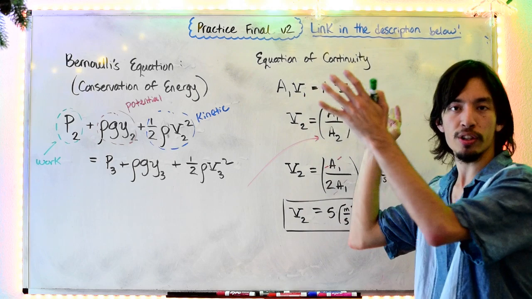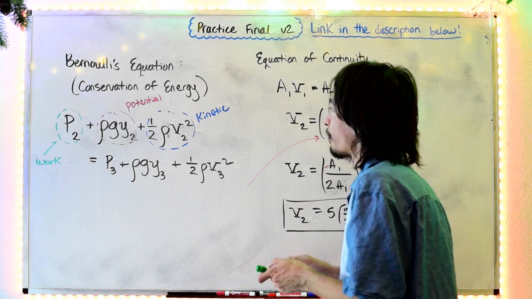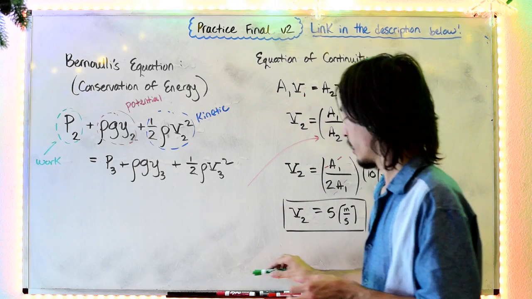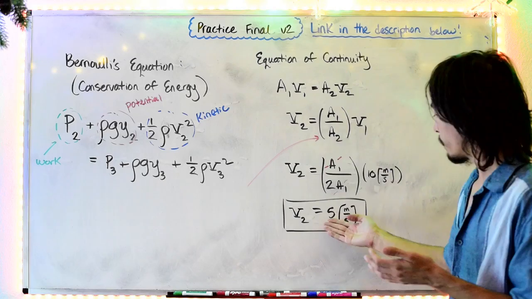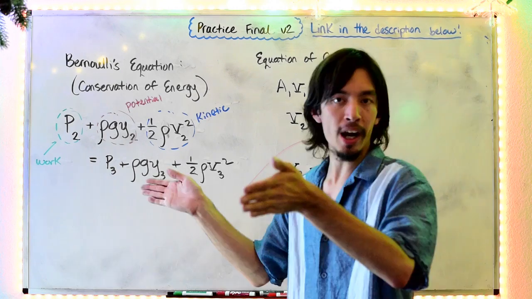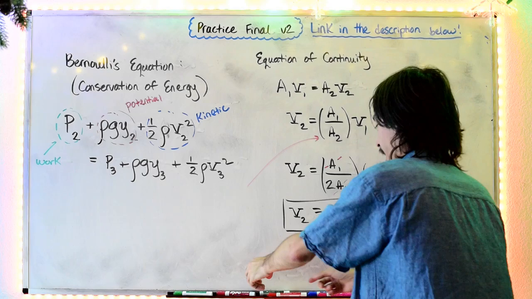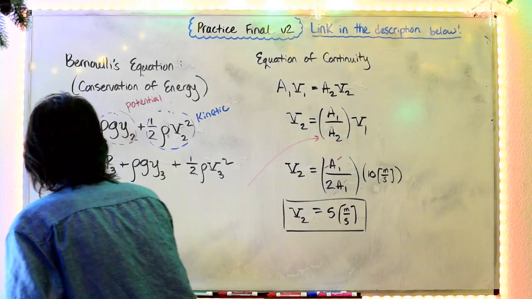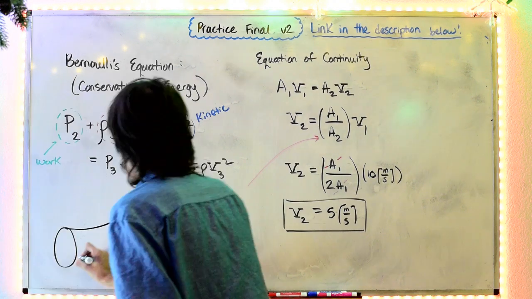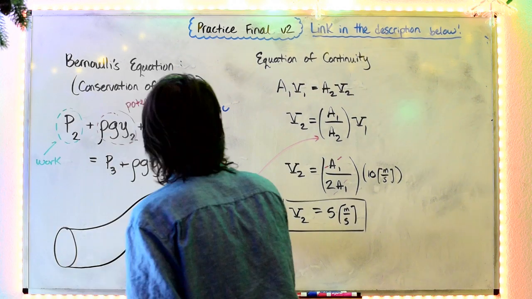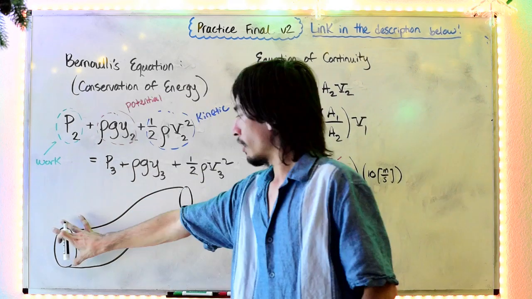Now, in our problem, we have the river flowing at 5 meters per second initially. The river has already widened, and all it's going to do is go uphill. If I want to draw this, think of it almost like a pipe, as in a lot of the problems that they do with pipes and flow through the pipe. The width of the river stays constant the entire time, so it's analogous to saying that the diameter, the cross-sectional area of the pipe, stays the same.